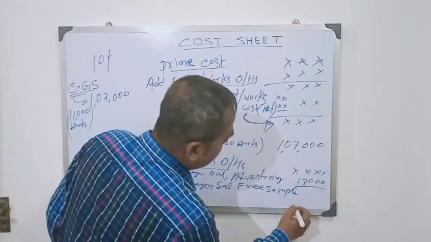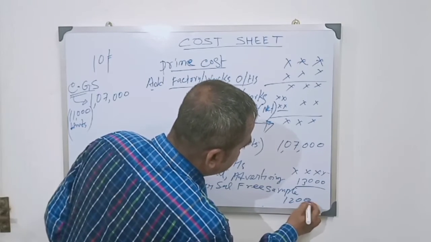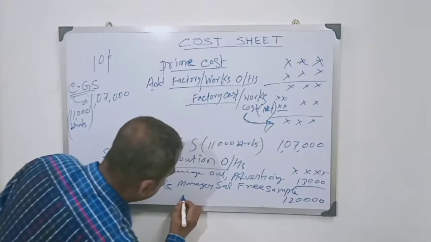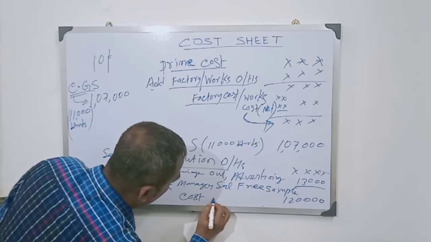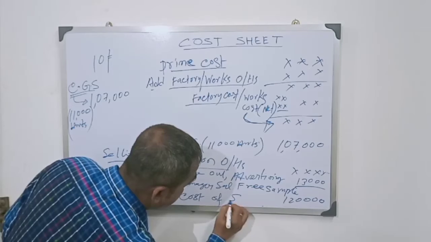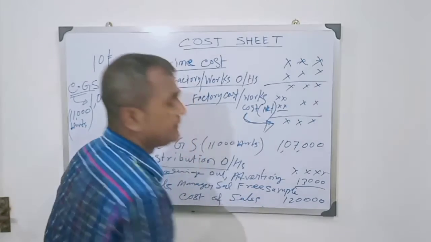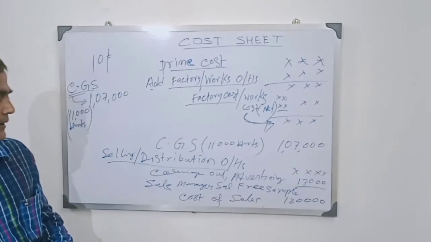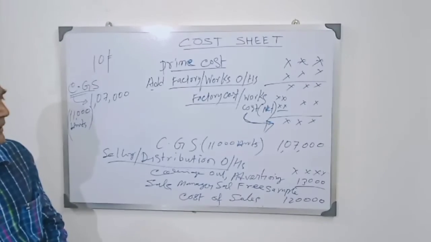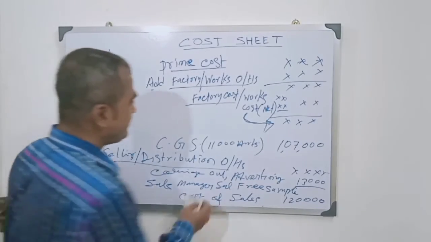So total becomes 1,20,000. This is your cost of sales. Cost of sales 1,20,000 we have reached.